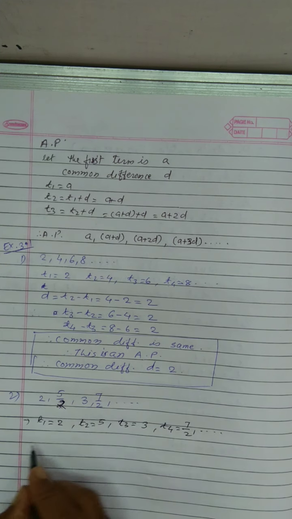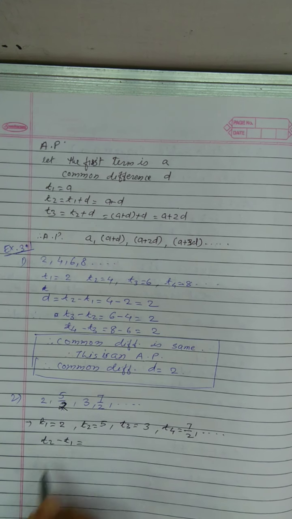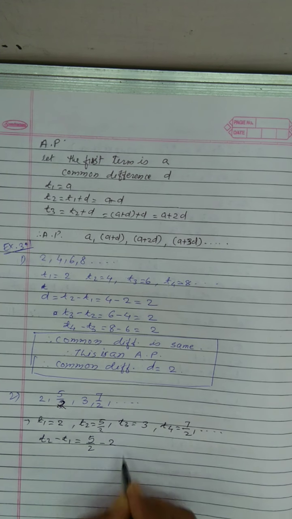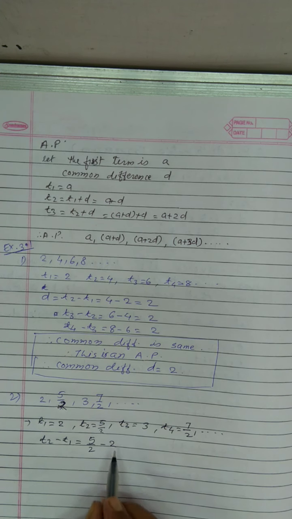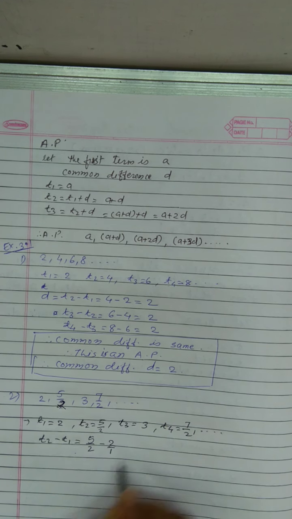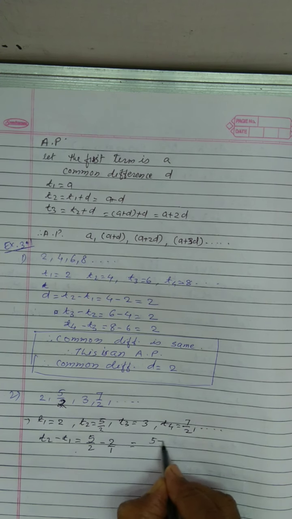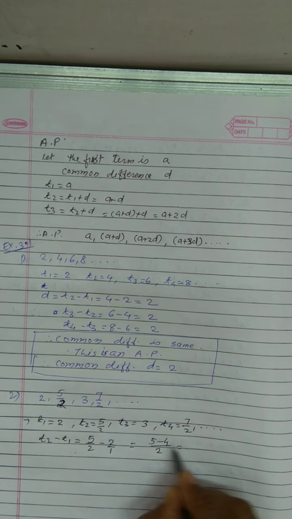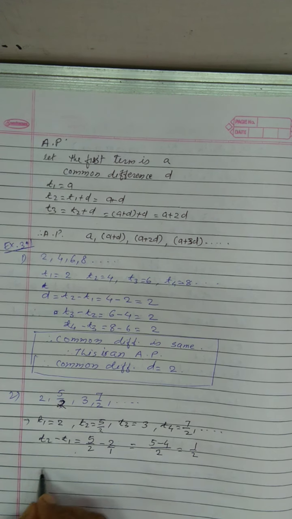Now the difference between two consecutive terms, T2 minus T1, is 5 upon 2 minus 2. The denominator of 2 is not given, so it is 1. By cross multiplication we get 5 into 1, which is 5, minus 2 into 2, which is 4, upon 2 into 1, which is 2. Hence 1 upon 2 is the difference between two consecutive terms.